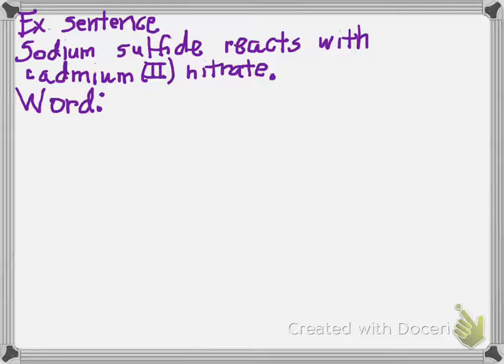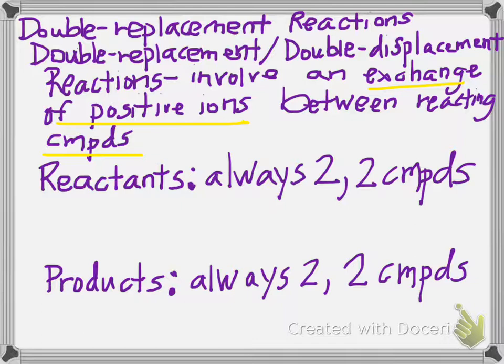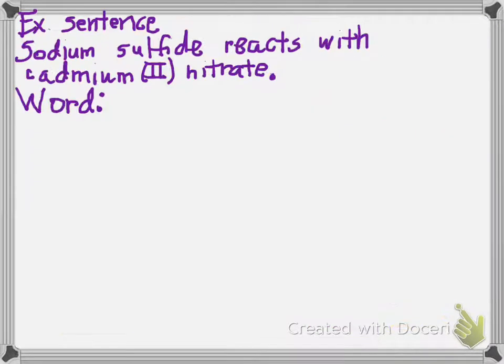Before we start to write our word equation, remember our definition of double replacement reactions. There's an exchange of positive ions. So we want to figure out who are the positively charged ions here. Remember, positive ions are our metals. So sodium and cadmium 2, they are going to swap places. So that will help us when we're trying to write our word equation.